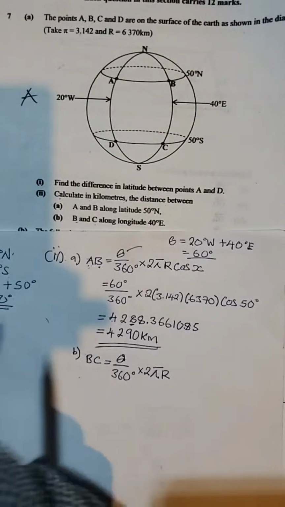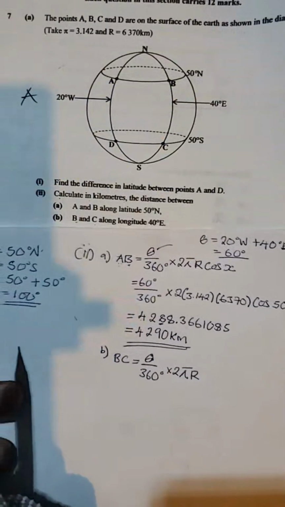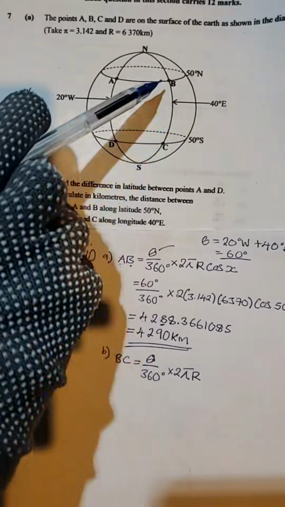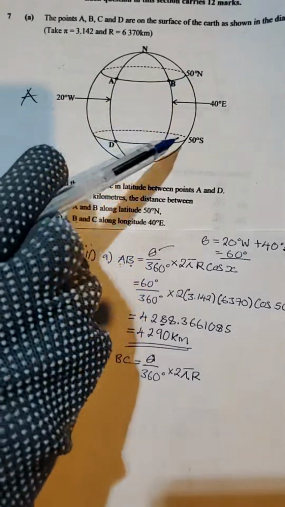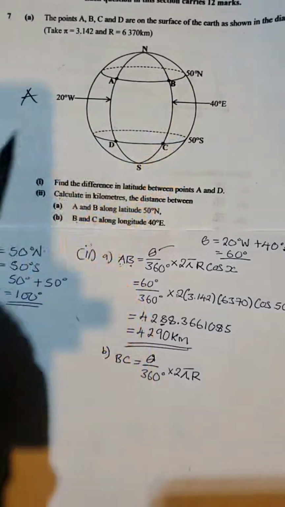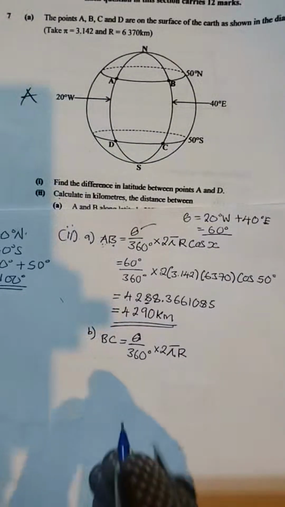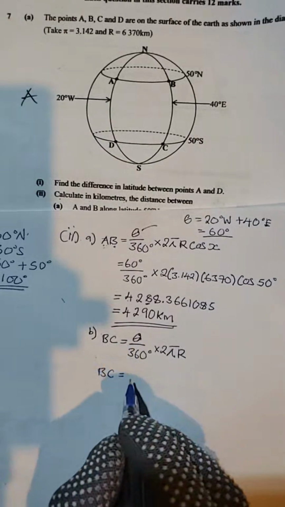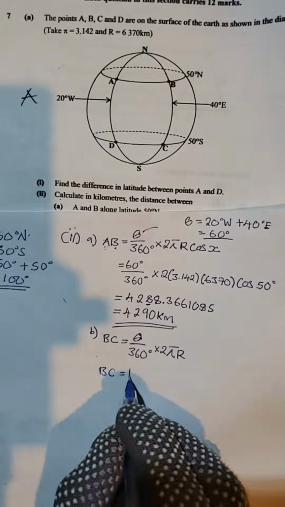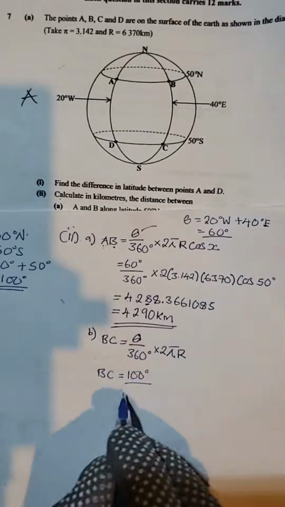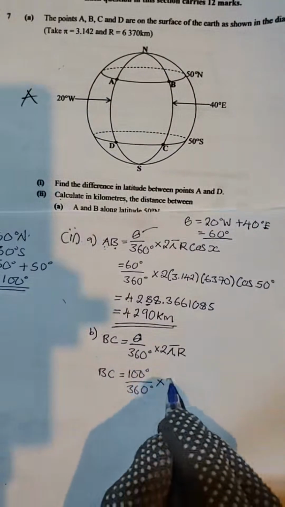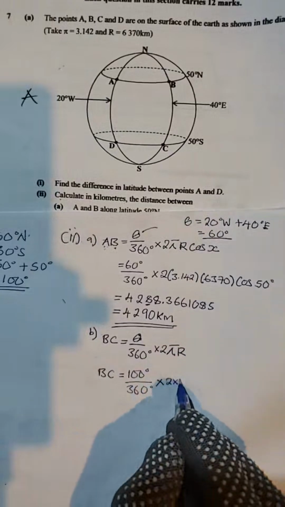And we've already calculated this difference, which is 100 here, because we're going to add 50 degrees north plus this 50, which is just 100. So let's substitute. BC is equal to theta, which we substitute with 100.